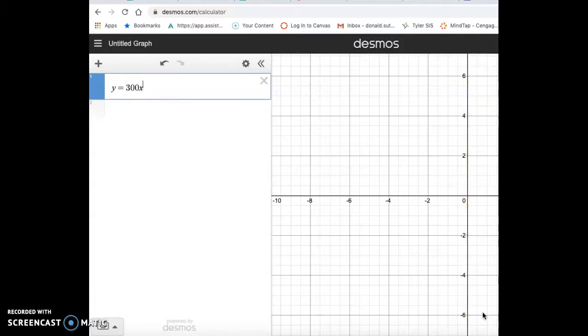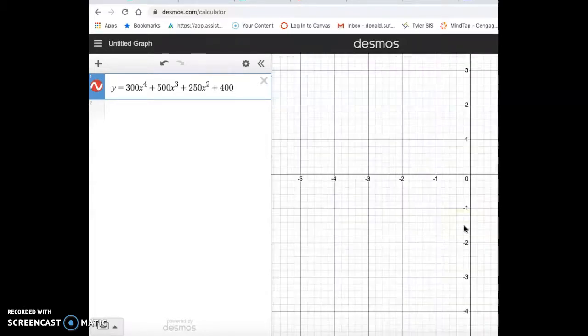So hit Shift 6 to the 4th power, and then the right arrow, plus 500x Shift 6 to the 3rd, right arrow, plus 250x Shift 6 to the 2nd, right arrow, plus 400.